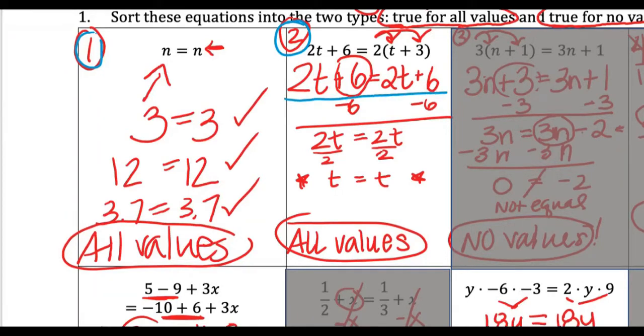If we look at number 2, if I picked a number for t, let's say we chose the number 1.